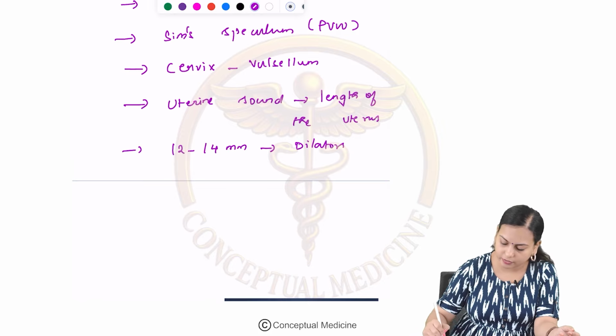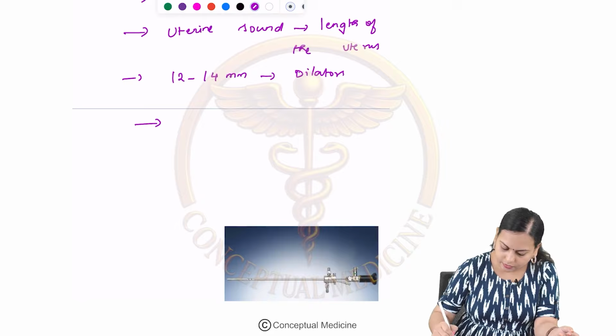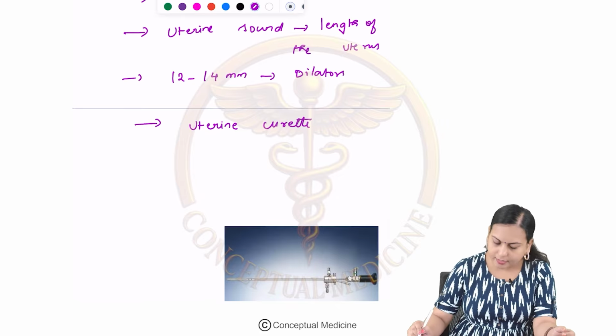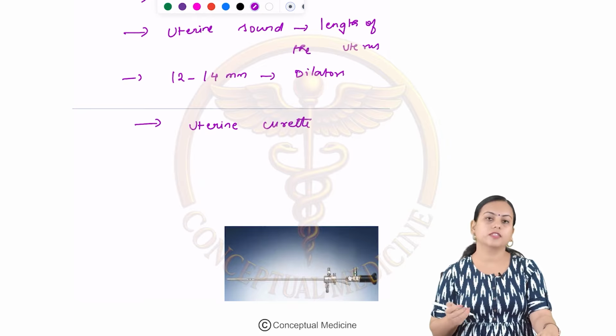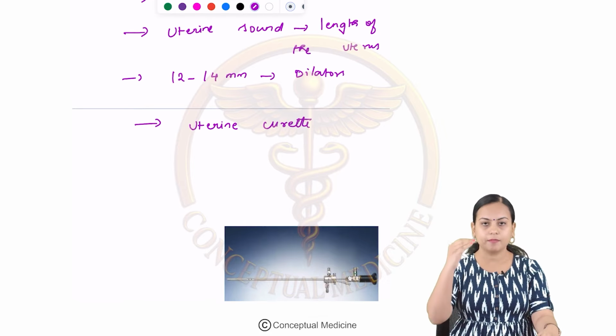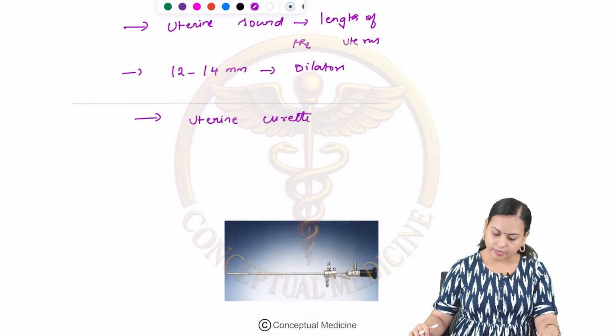So many dilators are there. So dilatation will be done. And finally, you will introduce the uterine curette into the cavity, and the cavity will be curetted on all the walls of the endometrium from up to downwards. Clear? Yes.